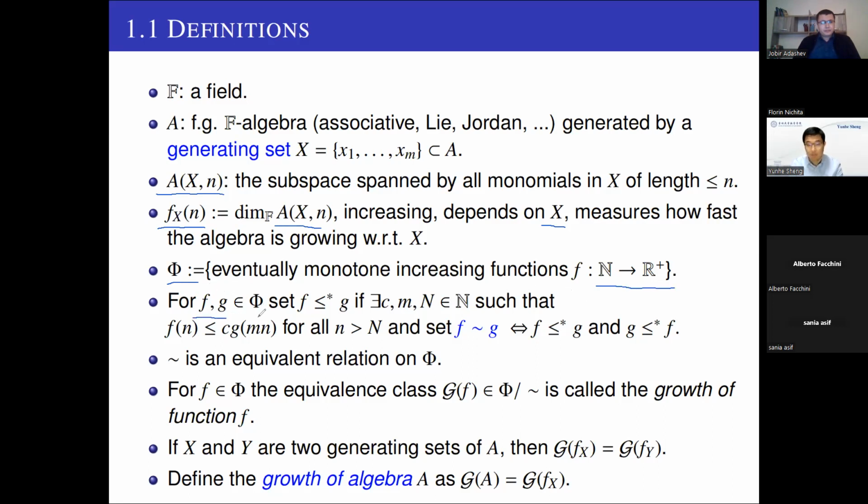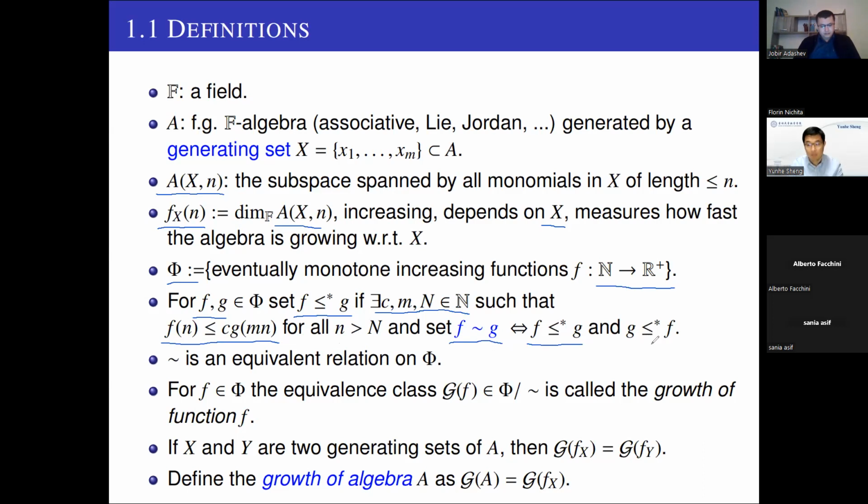For such functions f and g, we say f is less than or equal to g if there exist positive natural numbers c, m, and N, such that f(n) is less than or equal to c times g(mn) for all n greater than capital N. And we set f equivalent to g if f is less than or equal to g, and g is also less than or equal to f.